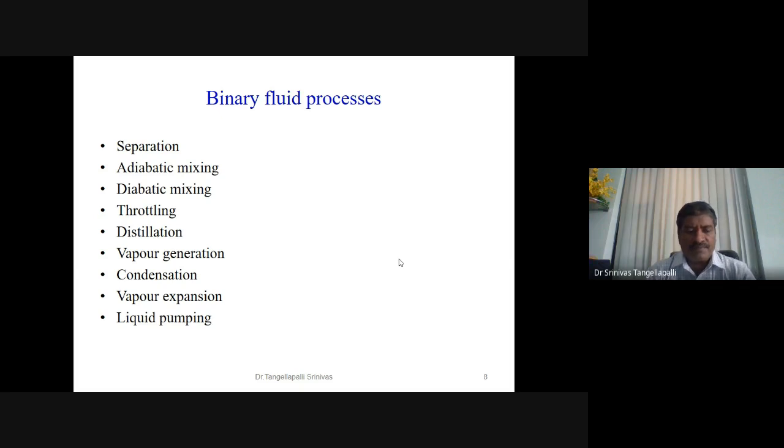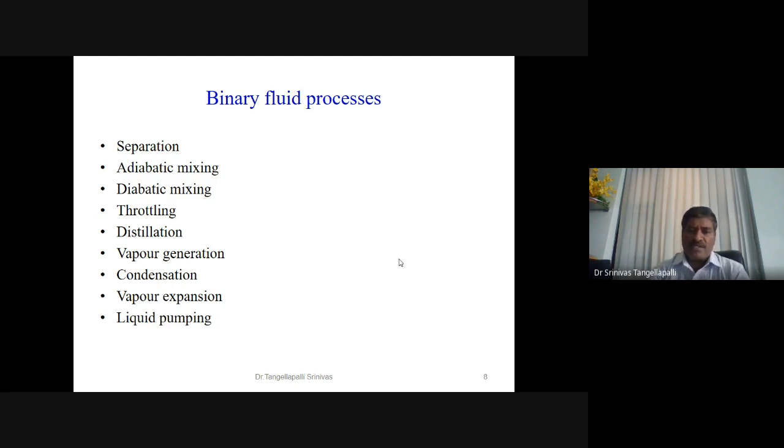And pumping: after completion of the condensation, the liquid has to be pumped to the boiler from low pressure to high pressure. Mostly the strong solution, in case of the vapor absorption refrigeration system, we are pumping to the boiler.